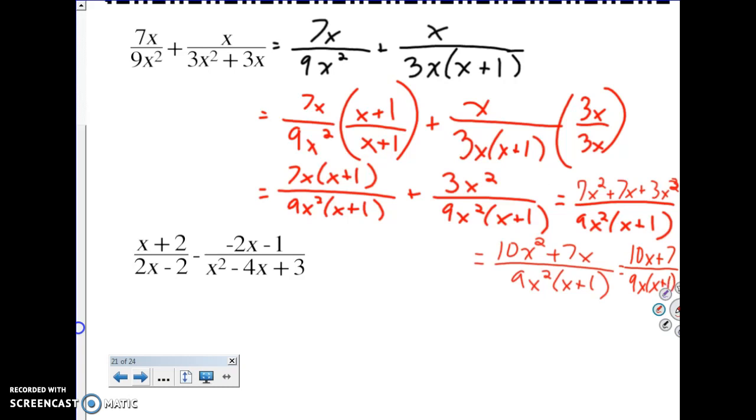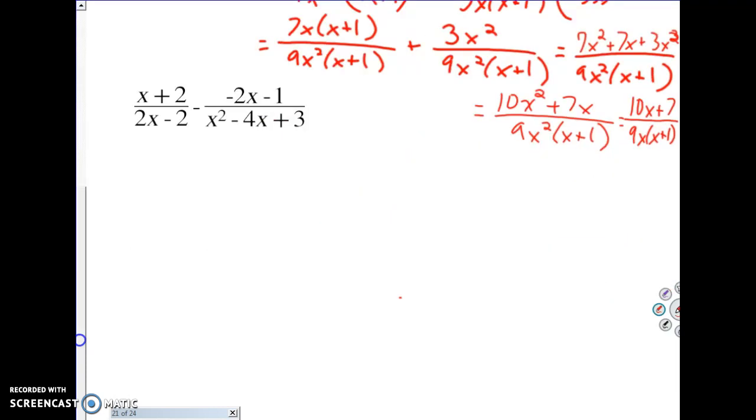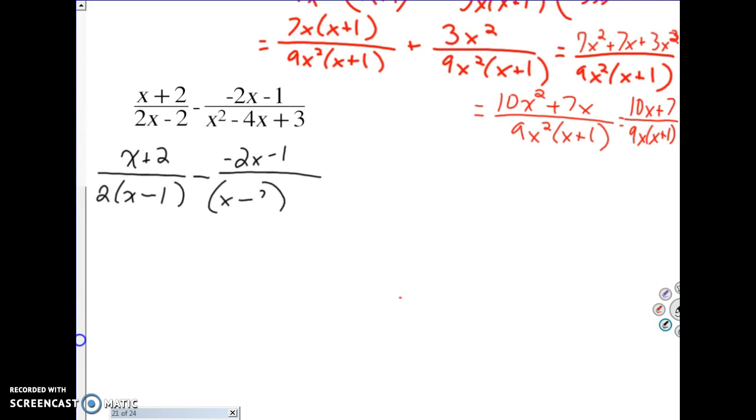Right? And then the same thing goes to the next one. You want to find a common denominator. I will walk you through the beginnings of that one, and then I'll let you try the rest of it on your own. So if I were to put this into factored form, I have 2x minus 1 minus x minus 3, x minus 1.